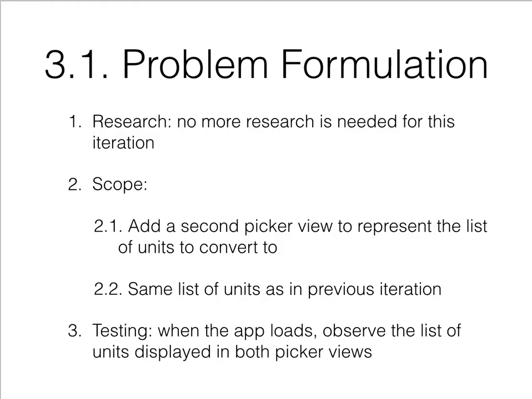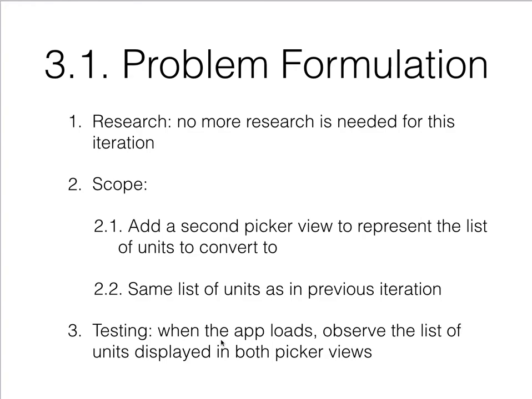You can have situations where the second picker view has a different list than the first, and then you want to worry a little bit about the controller, the data source, and the delegate. But in our case, since both lists are the same, this should be straightforward. The same data source will work, and we need the same delegate, so we don't need to make any changes there. So how do we test this?